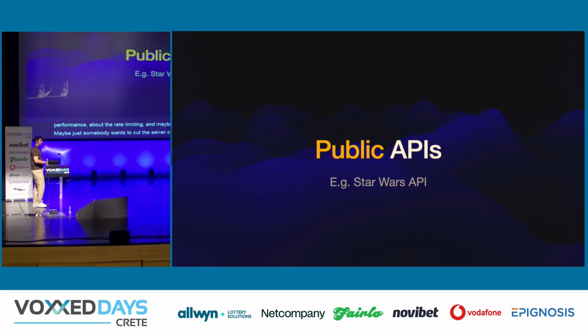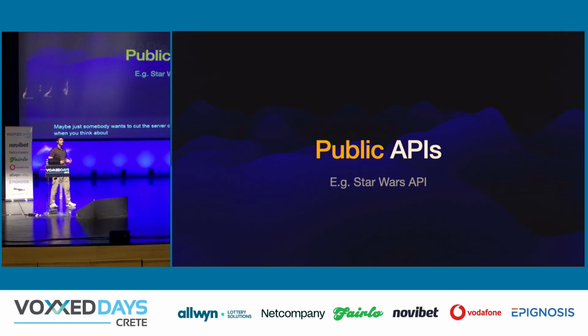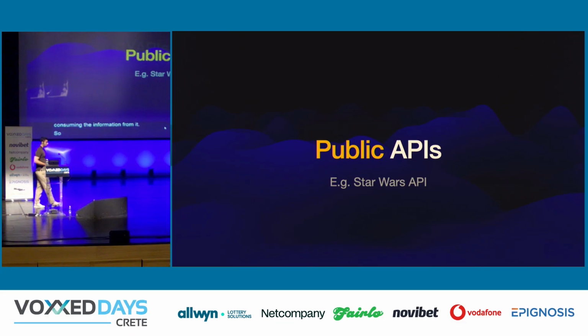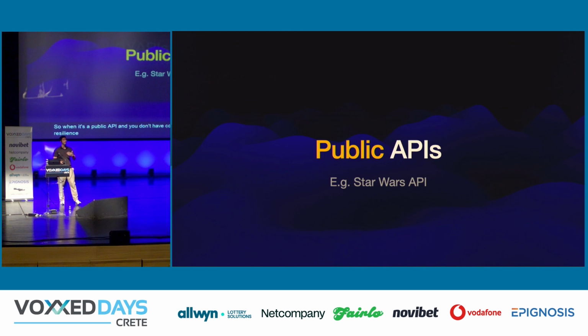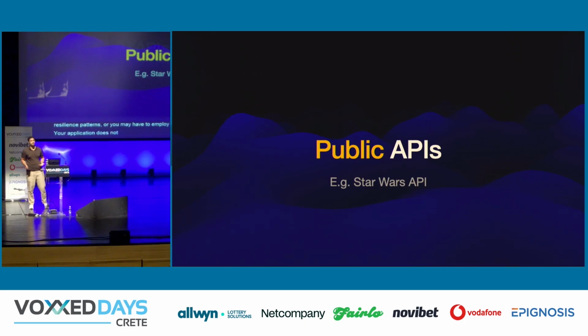So when you think about the API types that you work with, you have to think about what strategies you want to apply when consuming the information from it. So when it's a public API and you don't have control, you may have to employ some resilience patterns, or some backup strategies to ensure that your application does not break because it's consuming something you don't have a lot of control over.